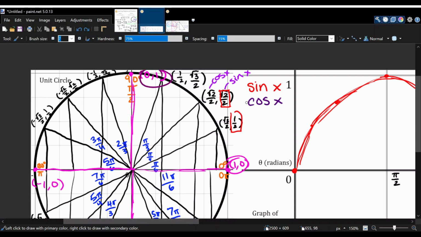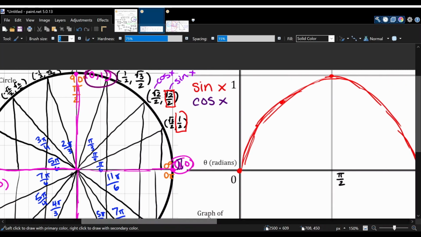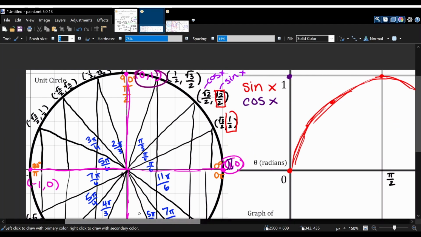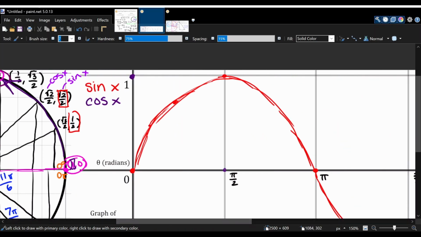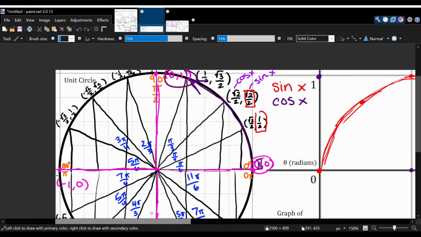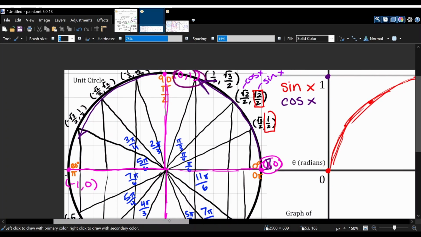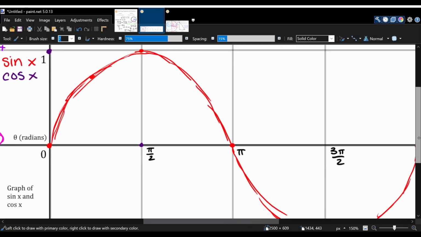So now let's move on to cosine of x. Let's start back down at 0 again, but this time, notice, it's not 0. We're going to start at 1. And then, as we go up that way, it's 0 now. And then, going counterclockwise once again, we're now at -1.